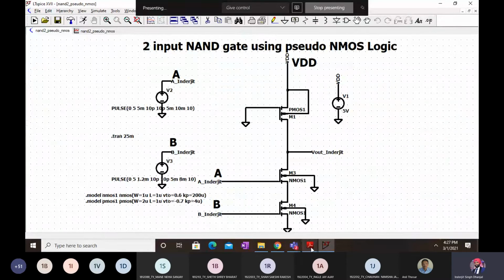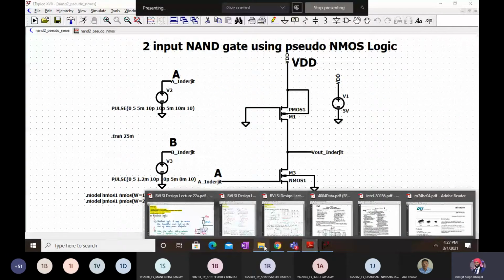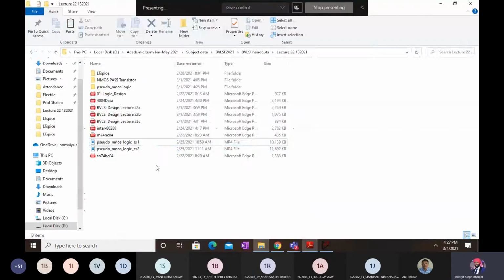Okay, now let us go to the next video. Let me finish off the design, and then we will move on to what is actually going on inside the pseudo NMOS logic and what the principles behind it are. So I am playing the second video. This is the Boolean expression implementation for the pseudo NMOS logic.